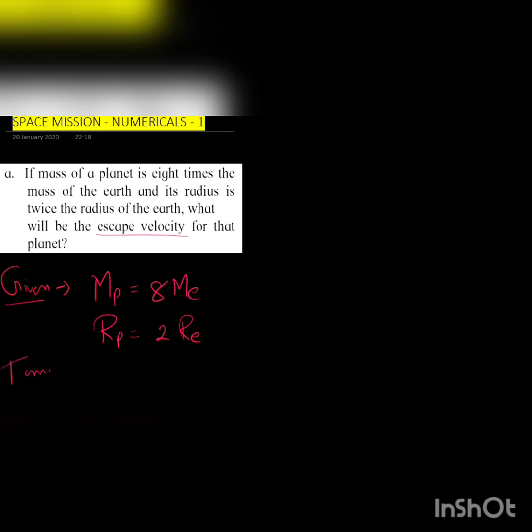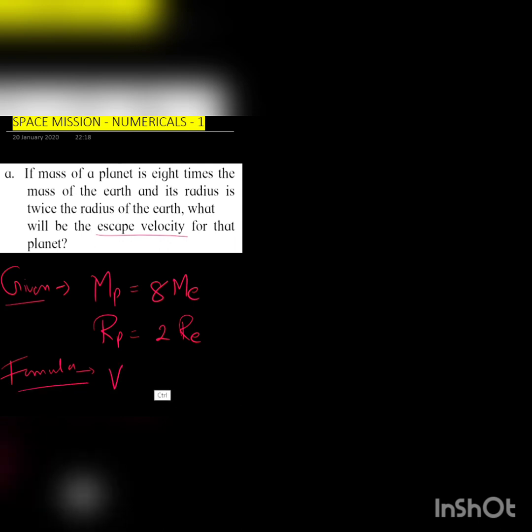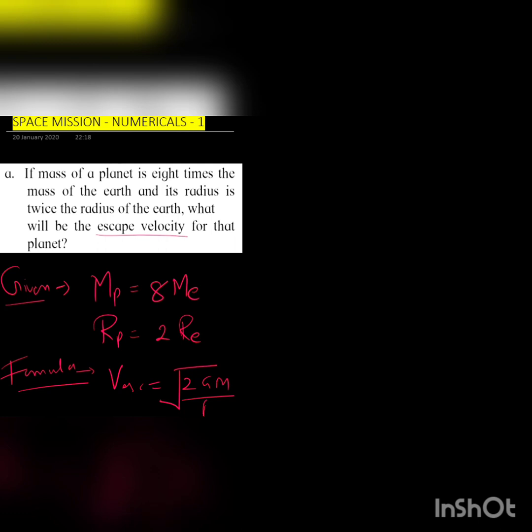So the formula for escape velocity is v equals square root of 2GM upon R, right? So let's solve it. What is escape velocity for earth?